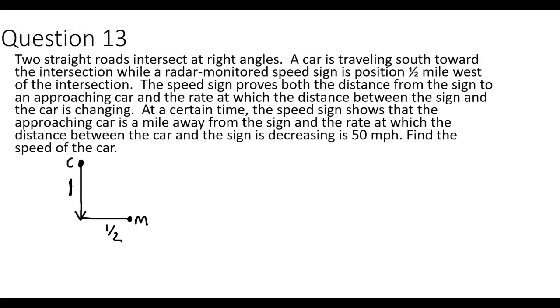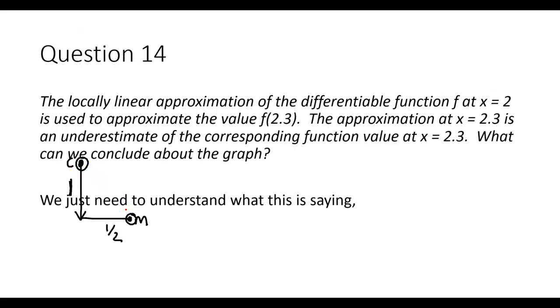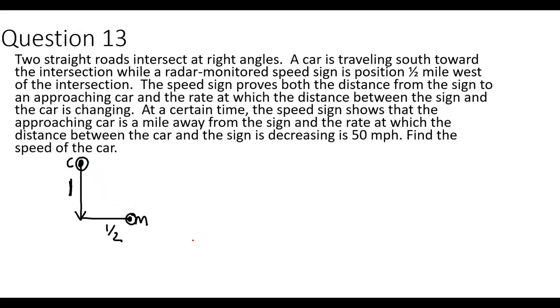Now you got to be careful. It says the distance between the car and the sign is decreasing at 50 miles per hour. The distance between the car and the sign is represented by the hypotenuse here. That's the distance between those two things. And so we'll call that d. And the rate at which d is changing with respect to time is 50.